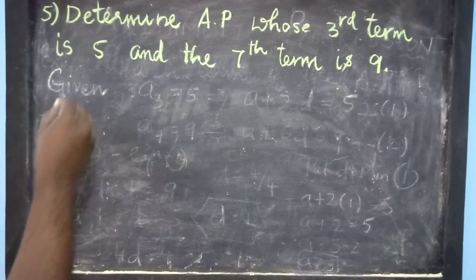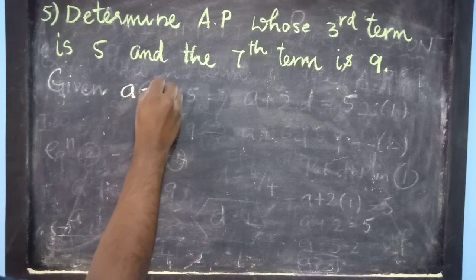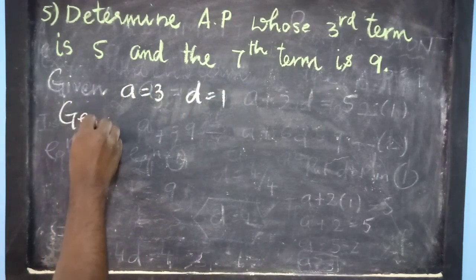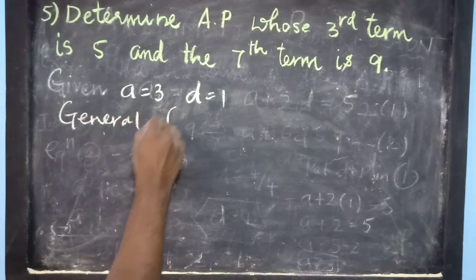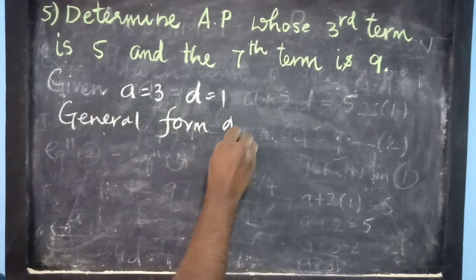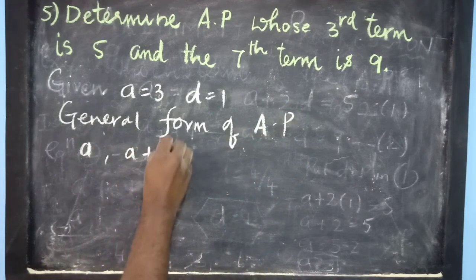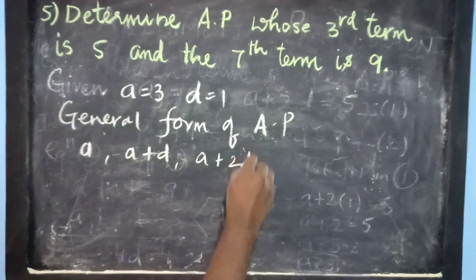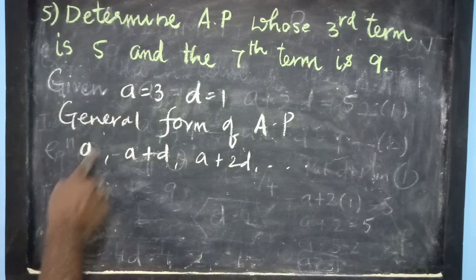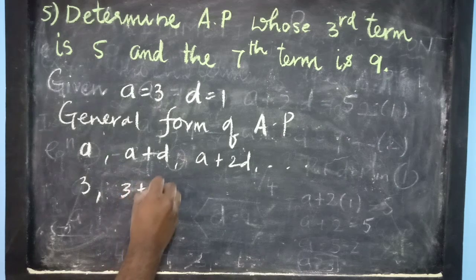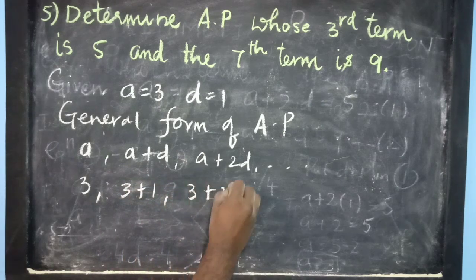Students, we have found out a equals 3, d equals 1. What is the general form of AP? A, a plus d, a plus 2d, and the list goes on. What is a? 3. What is d? 1. That is 3, 3 plus 1, then 3 plus 2 into 1.